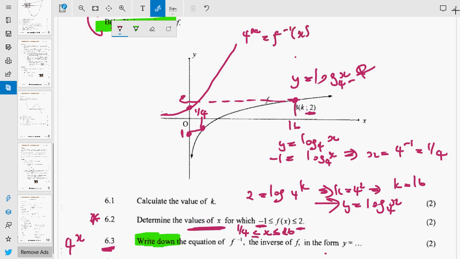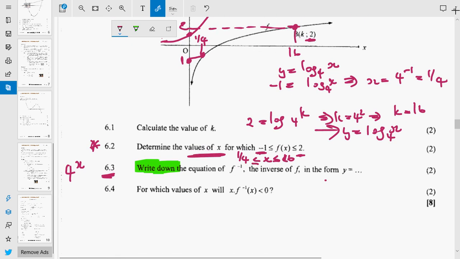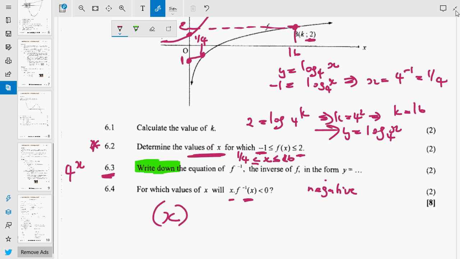Now, the last part of this question is an interesting question. They're saying, for which values of x will x times the inverse be less than 0? By less than 0, I mean negative.